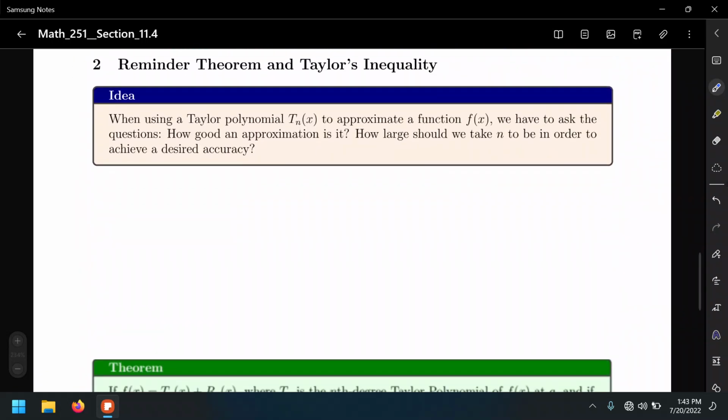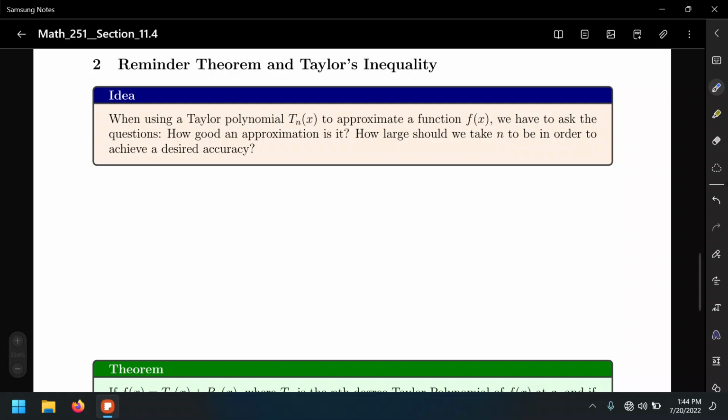So Taylor's remainder theorem and Taylor's inequality is a good topic to wrap up the entire chapter about infinite sequences and series and power series. This is basically the purpose of all of it. Because in the previous example, we used an approximation for x e to the negative x.